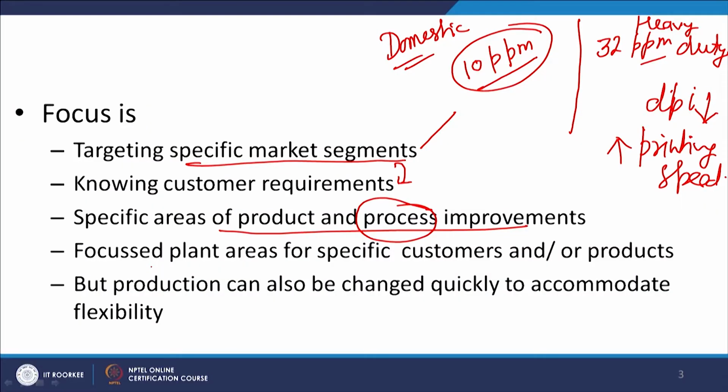Then another important thing when we talk of focus, that we may have focused plant areas for specific customers or products. Now in organizations we have a system of determining our key account holders. The key account holder is a term which is used to identify your important customers.